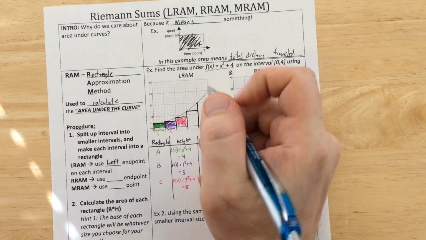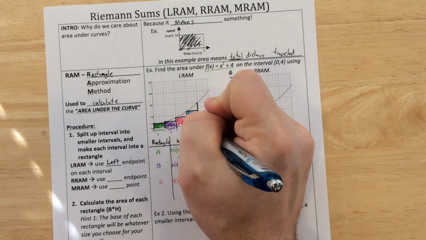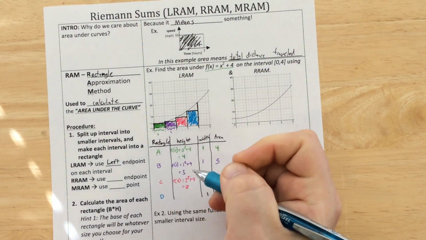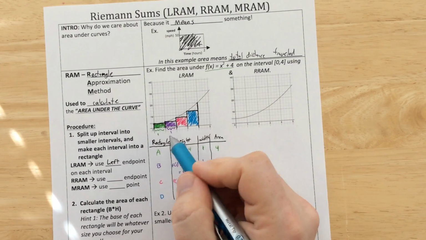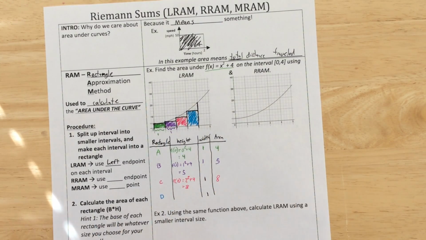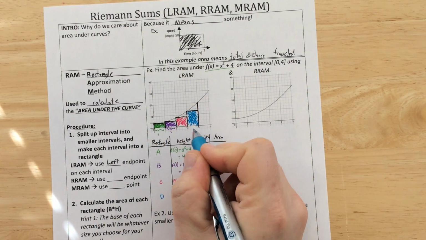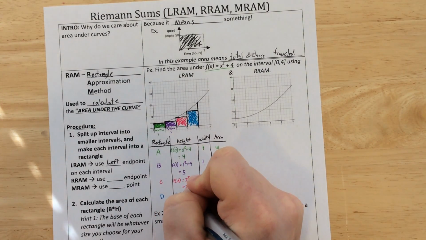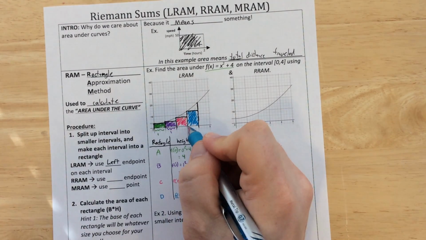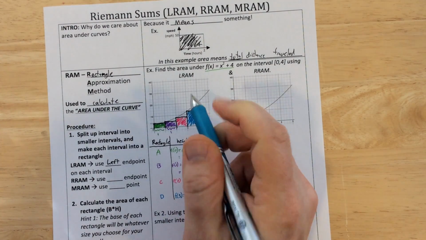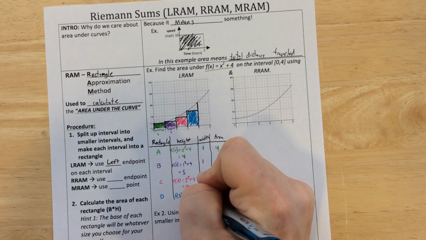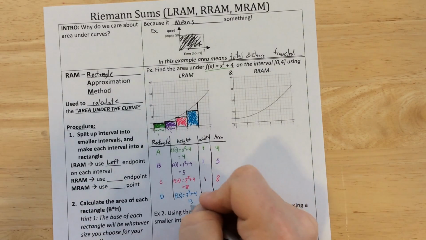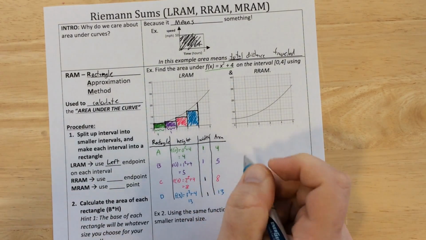And lastly, the tallest rectangle, which went from the interval from 3 to 4. You don't really have to color these in. And in fact, this same method works whether or not we have the graph to help us. But from 3 to 4, we could plug in the left endpoint 3. Because when we plug in 3, that gives us the height of the rectangle. 3 squared plus 4 is 9 plus 4, which is 13. And 13 times 1 is 13.